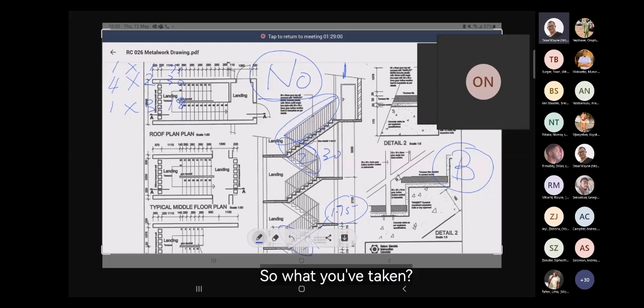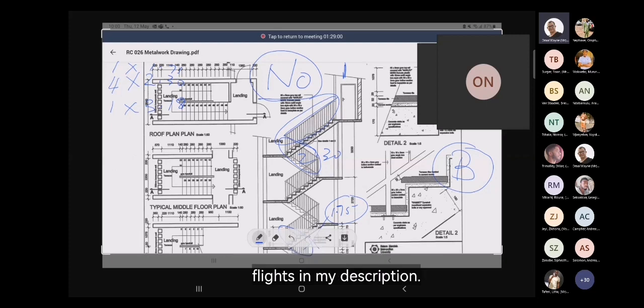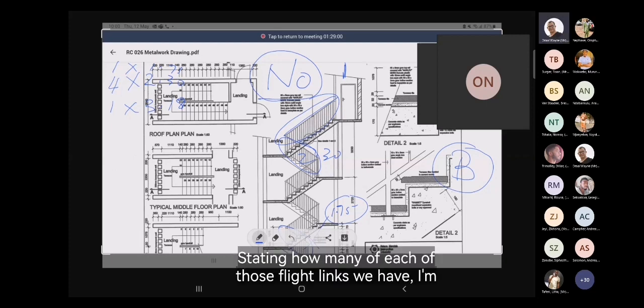So we've taken time to determine the lengths of the various flights in alternative A, that's measured in meters. We will still be calculating what those flight lengths are, but we will now include all those respective flights in my description, stating how many of each of those flight lengths we have.